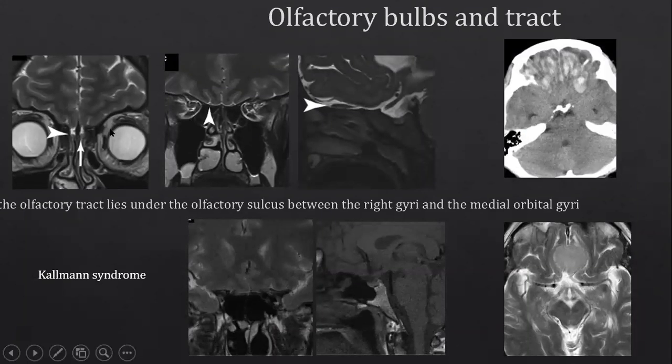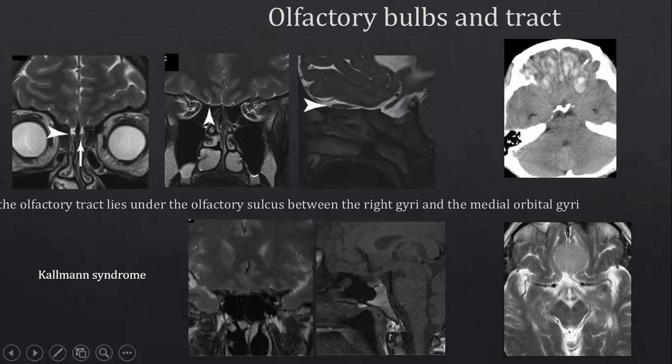So here we have got what a normal olfactory bulb looks like underneath the gyrus rectus, and just behind that you can see a tiny dot over here, which are the olfactory striae. So this is the olfactory bulb, and further on they will project posteriorly as the olfactory striae.